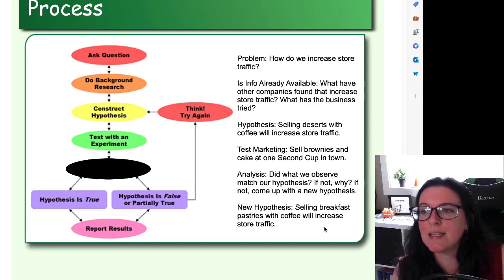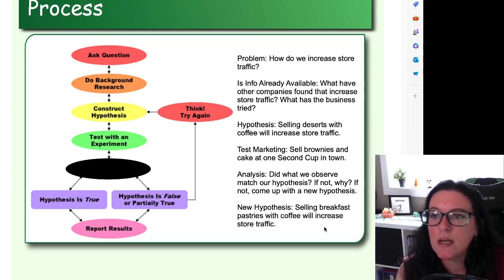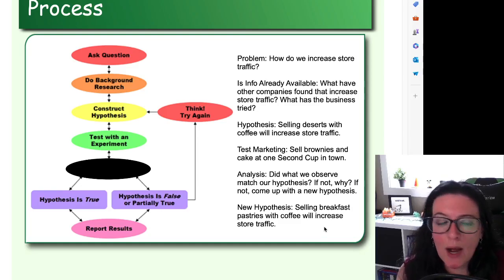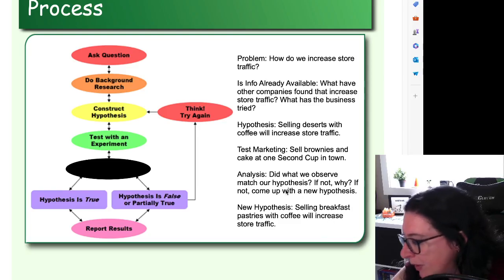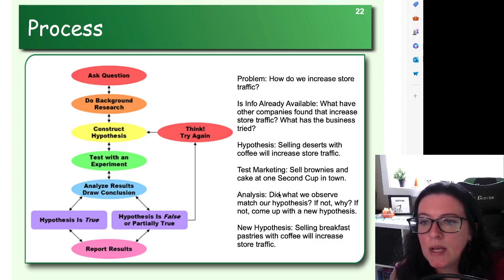Once we've collected this data, so here would be the sales of coffee and brownies, we can then analyze it. So what do we observe? Does it match our hypothesis? If not, why? Come up with a new hypothesis. Maybe there's another way of increasing store traffic if selling desserts didn't do it. So we would analyze our results and draw a conclusion.